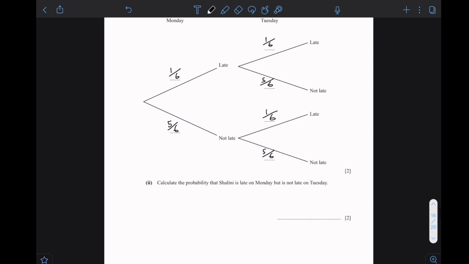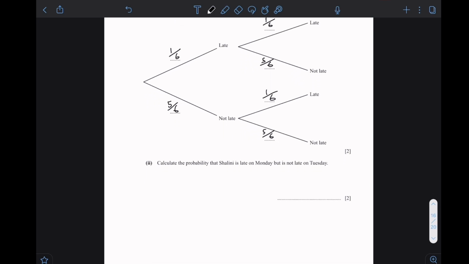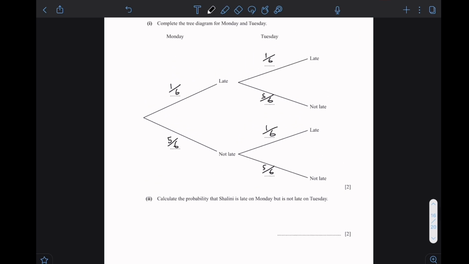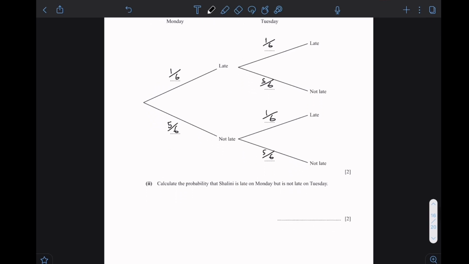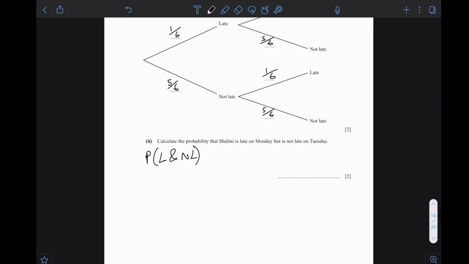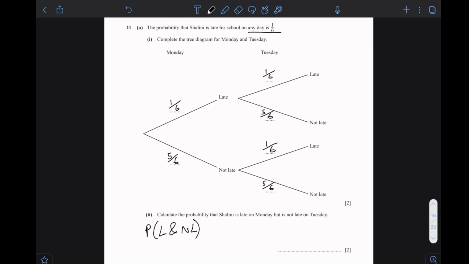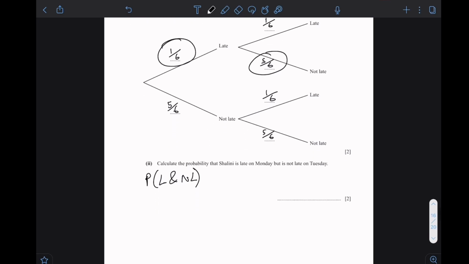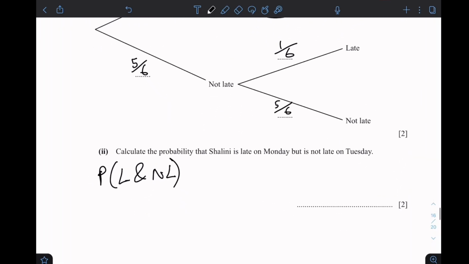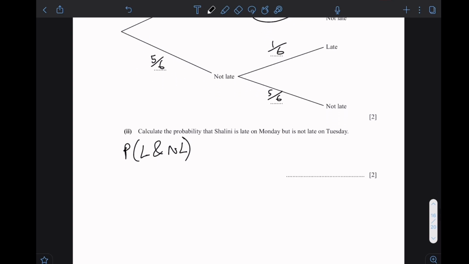Now it says calculate the probability that Shalini is late on Monday but is not late on Tuesday. So this calls for an outcome of late and not late. Basically you would have to multiply this and this. The reason is that both are occurring together.